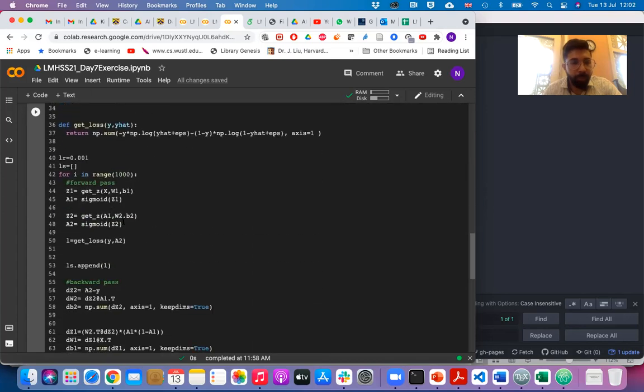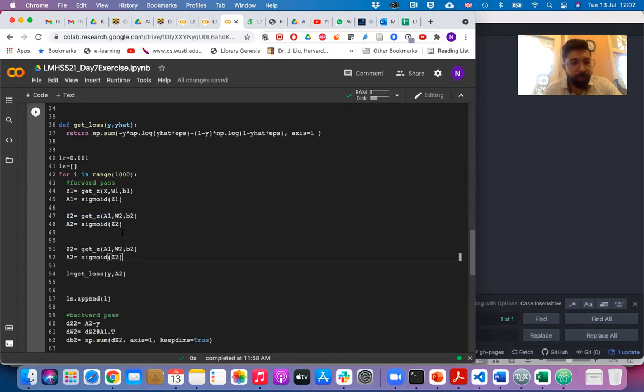So now this would be the same. What should be Z3 and A3? What should be the input of Z3? Okay, it's A2, W3, and B3.